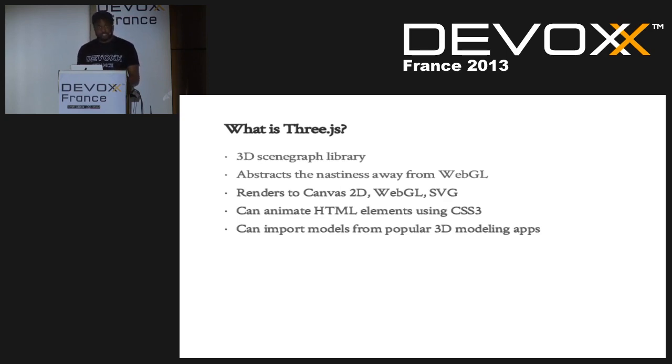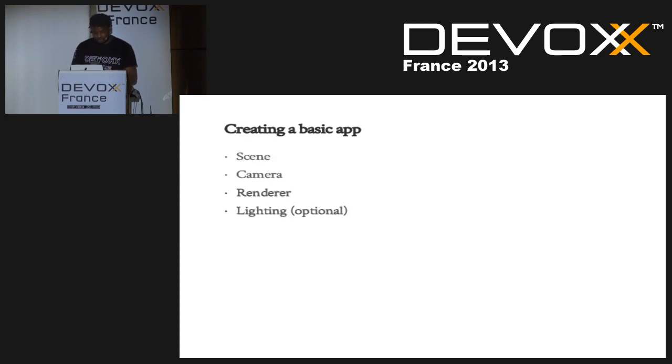In addition to that, you can also move around HTML objects using CSS3, using the same sort of function calls and APIs. It can import models from all of the major 3D modeling applications. We'll talk a little bit about that later. So you aren't stuck with making snowmen and box houses and things like that.